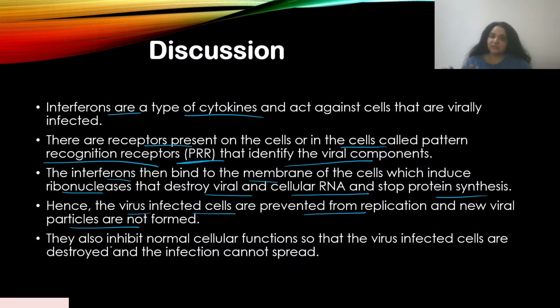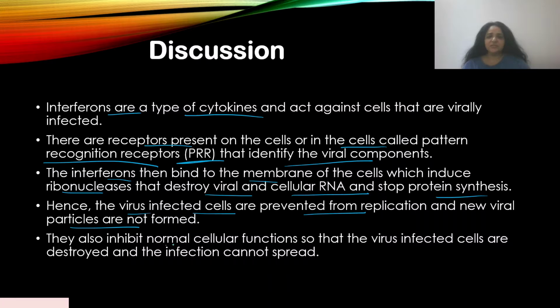Of course they affect the viral protein formation, so new viral cells are not formed. But they also inhibit normal cellular functions. That's actually a disadvantage for us as humans, for our cells. But if the interferon has to destroy the virus, it is a disadvantage that it has to destroy the cell also.